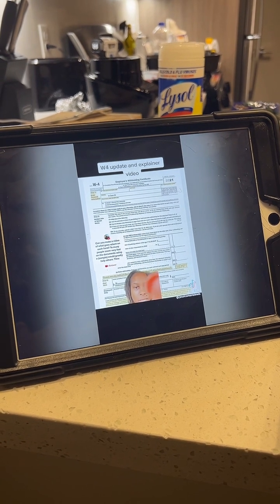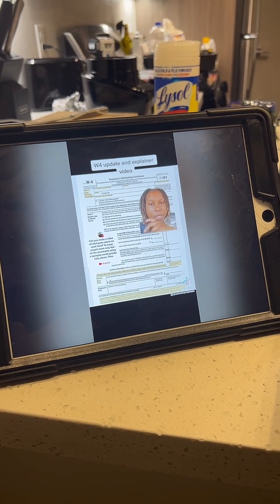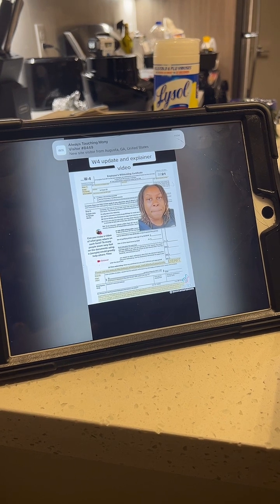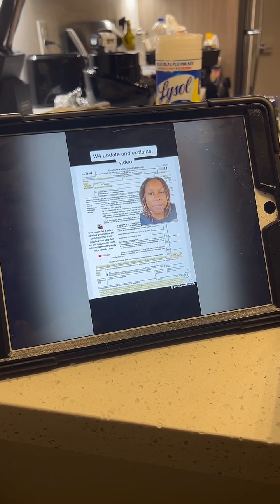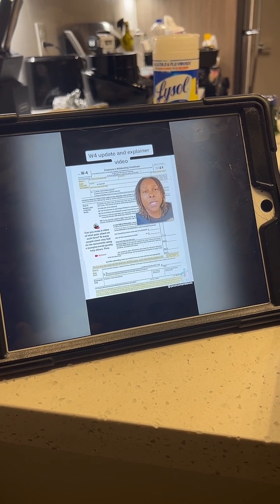So where you see it says, please, let me move myself. See my note at the bottom of this page? You write exempt under 4C, and based on how much the value of that W-4 is above that exempt, where it says 4C, you're going to put the total amount of that W-4.